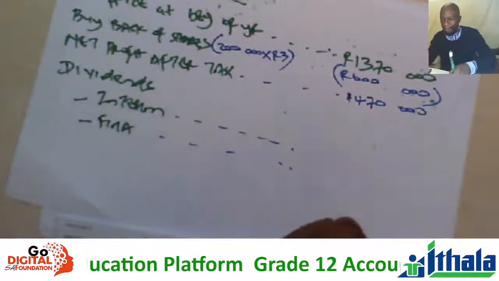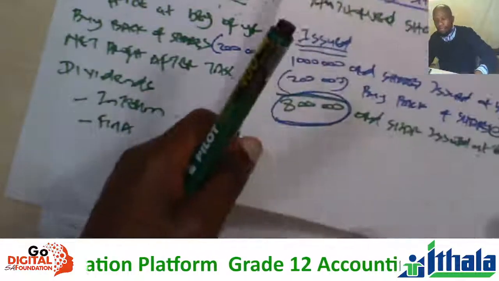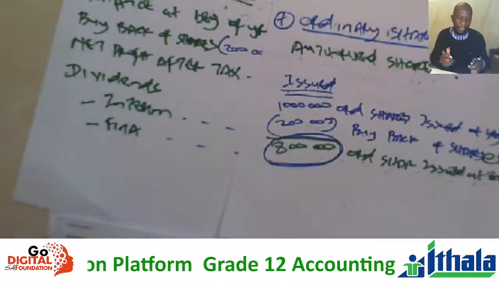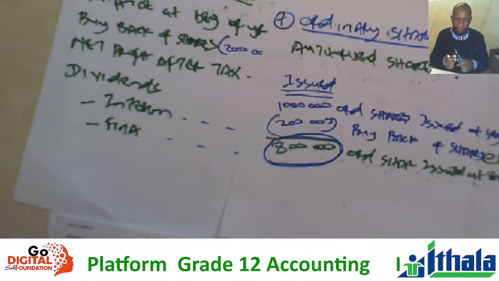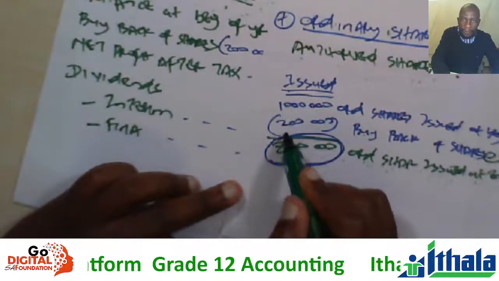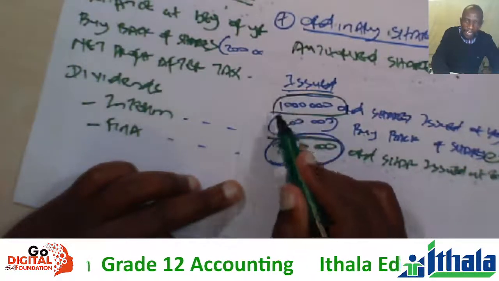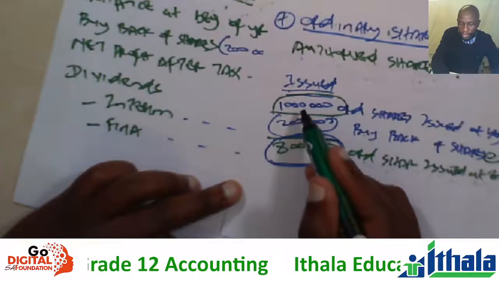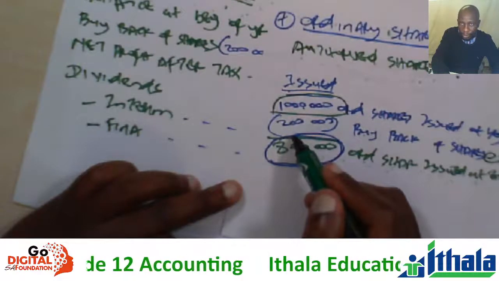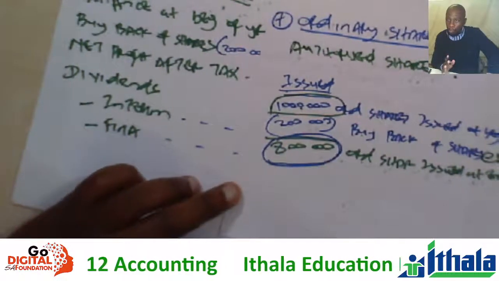Usuya manje ku note number 7. Everything it depends lapha note number 7. Our interim nansi la mfundi. In this case, because i-buyback ila ezansi, we're going to take only this part. But if there was an issue, we're going to take the beginning plus issued. If there was issued, bangashongo lutho.